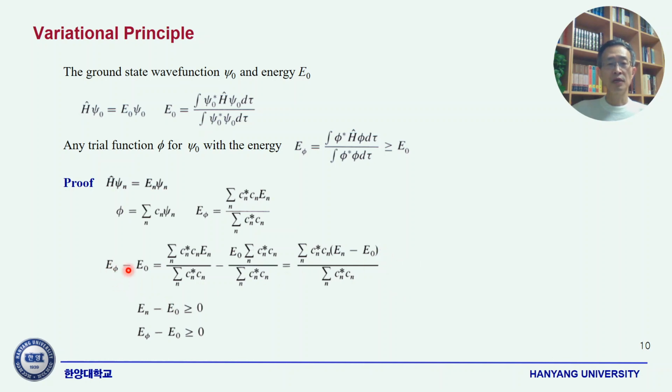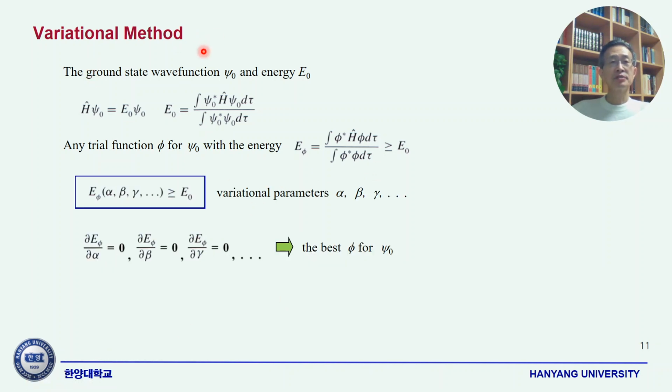So E phi minus E naught is greater than or equal to 0. En is always greater than or equal to E naught, and because of this, we can guarantee that E phi is always greater than or equal to E naught. That's the proof of this.